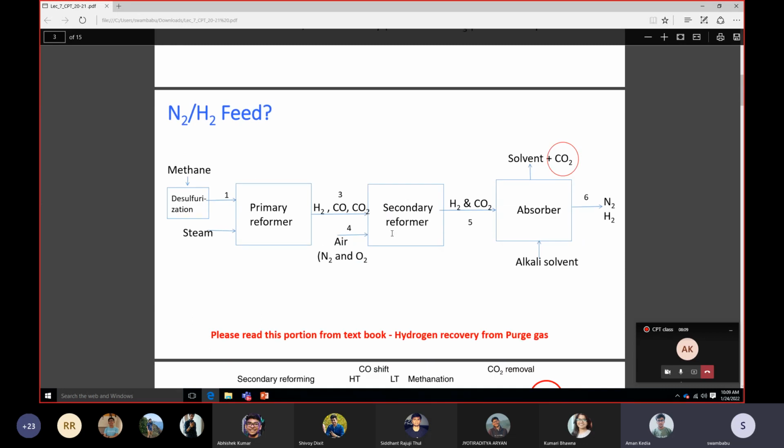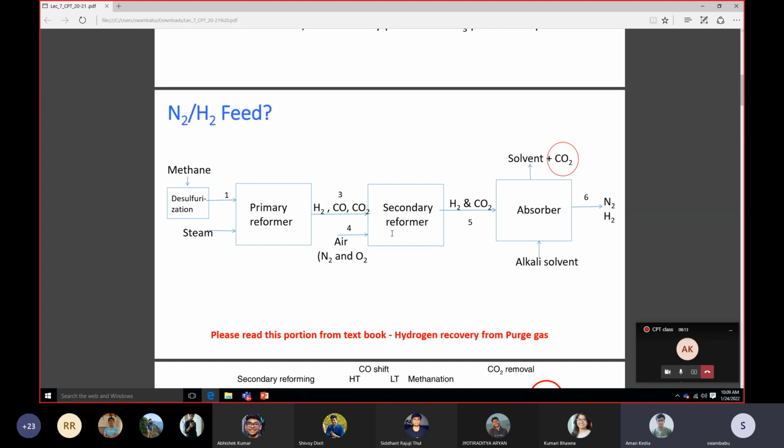I'm sure you all remember this one, how to get the nitrogen-hydrogen feed to the ammonia production process. We take natural gas, methane. Depending upon the source where you are extracting, it will have sulfur, so desulfurization of methane is done.